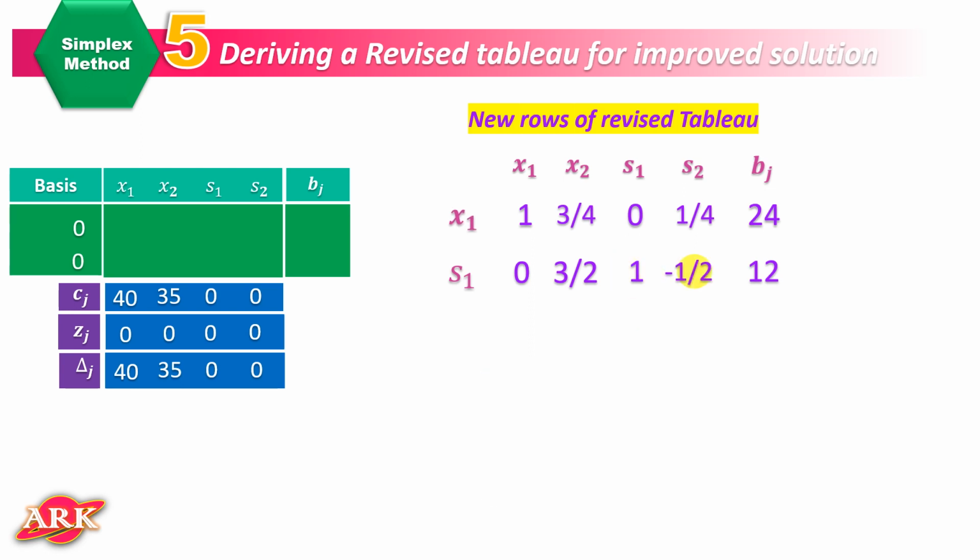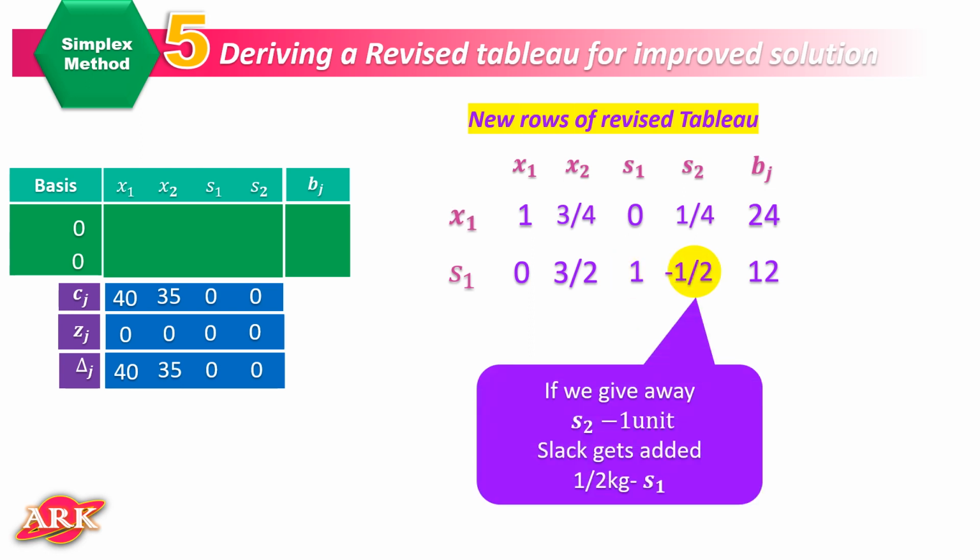The minus 1 by 2 represents that if we give away 1 unit of manpower, that is 1 hour in S2, then the slack of S1, which is raw material, gets 1 by 2 kg added. That means half a kg. How does this happen? For example, if we take the case of the X1 product, to produce one product of X1, it requires 4 hours of manpower which processes 2 kg of raw material.